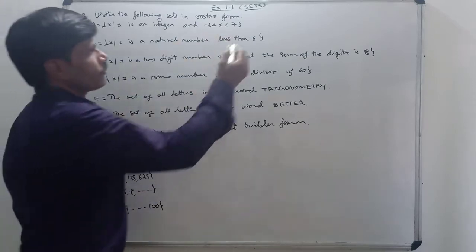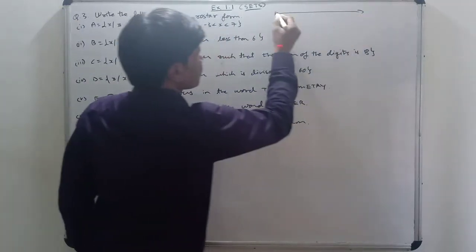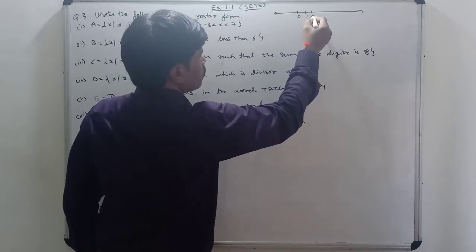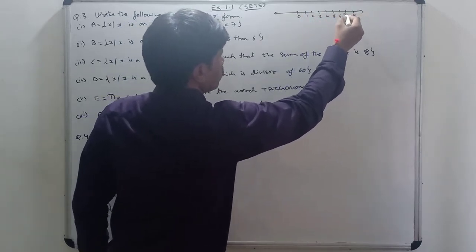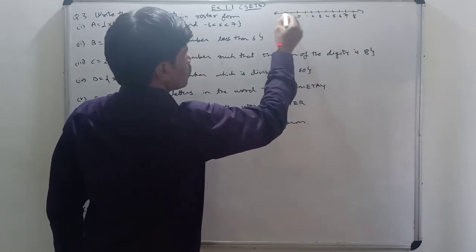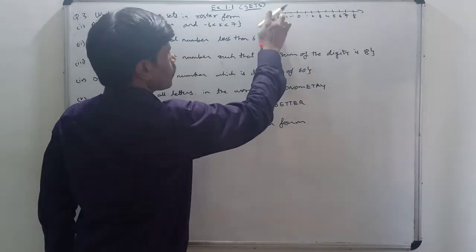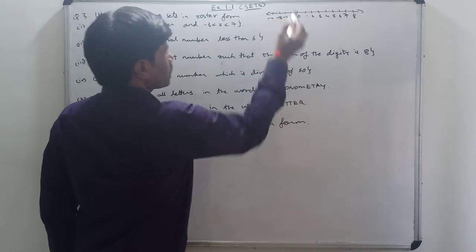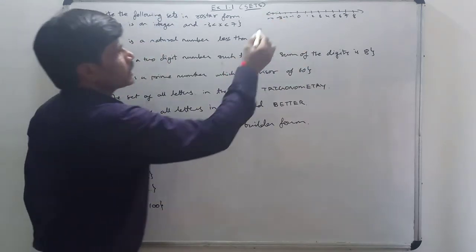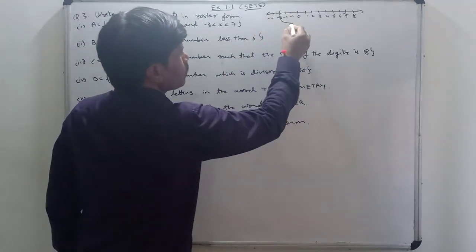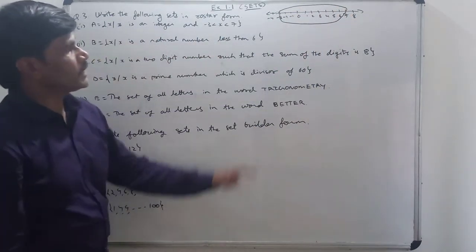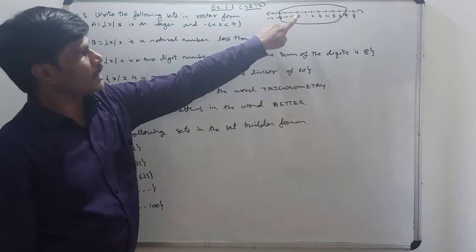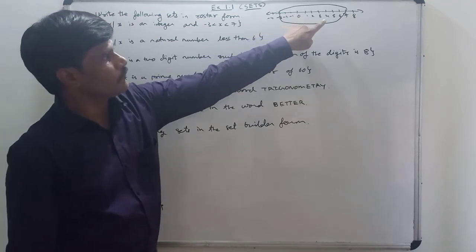Okay, so first of all, we'll draw a number line. 0, 1, 2, 3, 4, 5, 6, 7, 8 here. Then -1, -2, -3, then -4 and so on. Now between -3 and 7, what are the integers? -2, -1, 0, 1, 2, 3, 4, 5, 6.